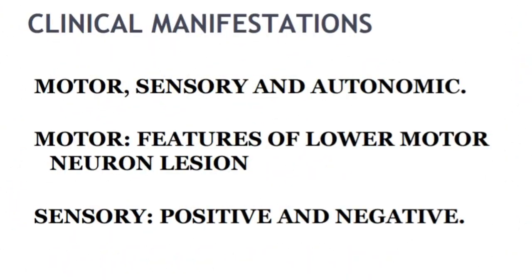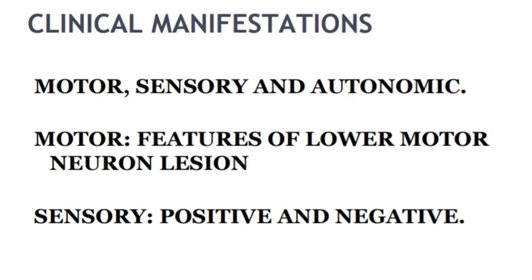Clinical features. They depend on the type and distribution of the nerves that are affected as well as on the severity of the disease. It may be motor, sensory, and autonomic. Motor features usually are of the lower motor neuron lesion type. The first symptoms tend to be sensory and consist of tingling, prickling, burning, or band-like dysesthesia in the balls of the feet or tips of the toes, or in a general distribution over the soles.